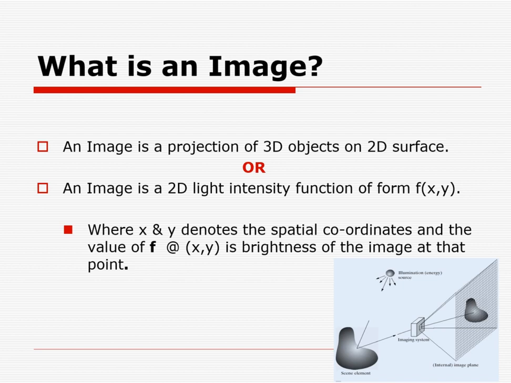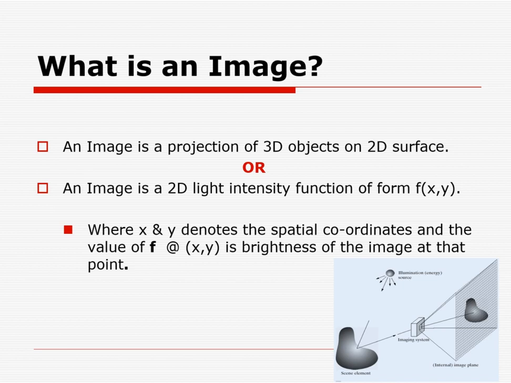Similarly, we can have one more simple definition, that image can be defined as a two-dimensional light dependent function, a light intensity function, mathematically written as f of x comma y. This is very important, that the mathematical representation for an image is defined as f of x comma y. This x comma y represents two independent variables. It is very important from a mathematical perspective that f of x y means some mathematical function.